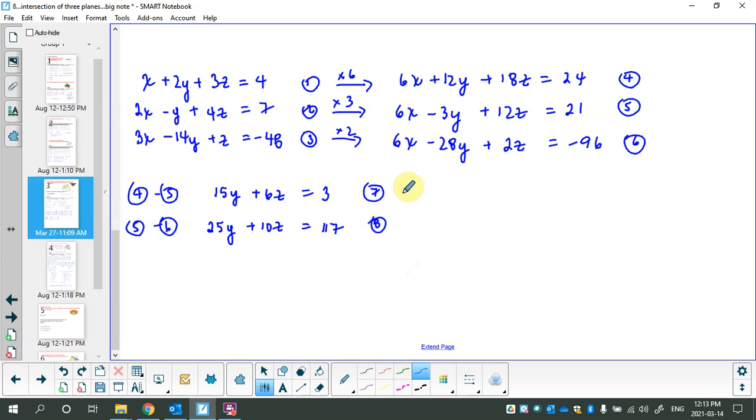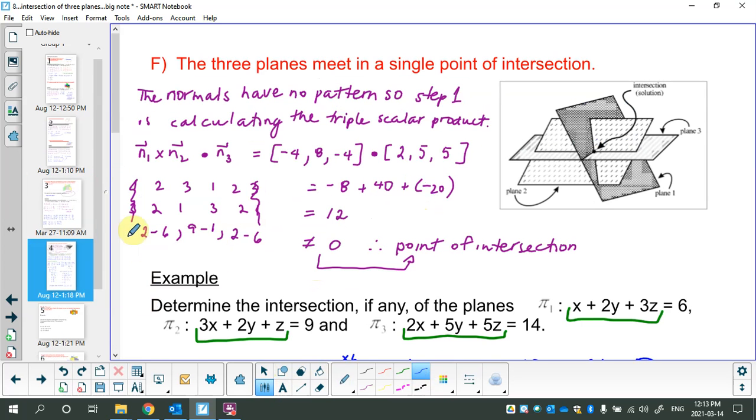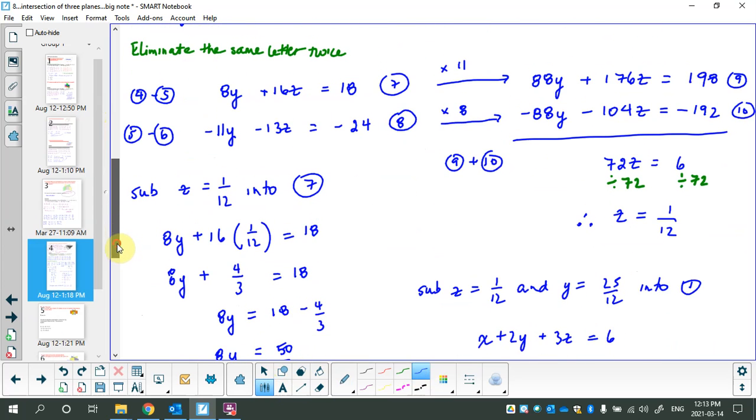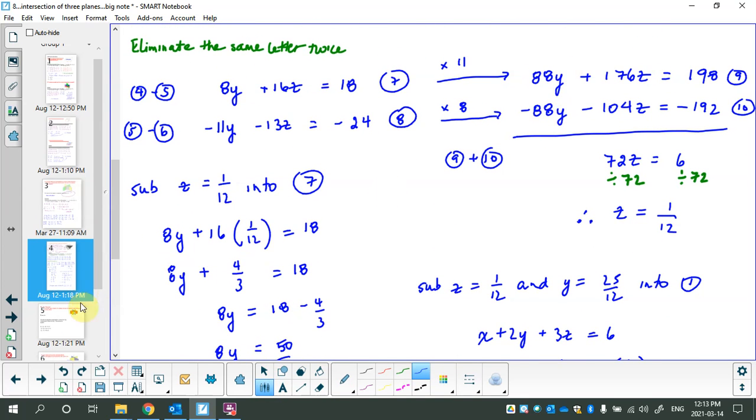So I'm going to times this one by 4 to get a 60. Oh, that won't work. Shoot. Times this one by 10 and this one by 6. So you'll see that when I did this one, I eliminated the x's, and then I eliminated the y's. It really doesn't matter.